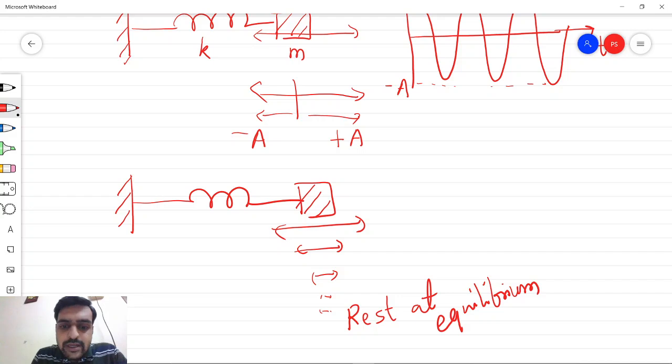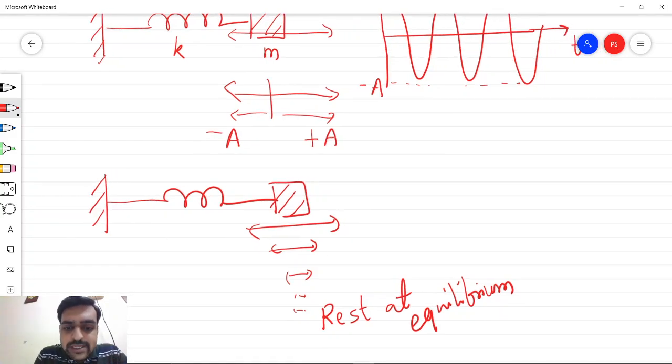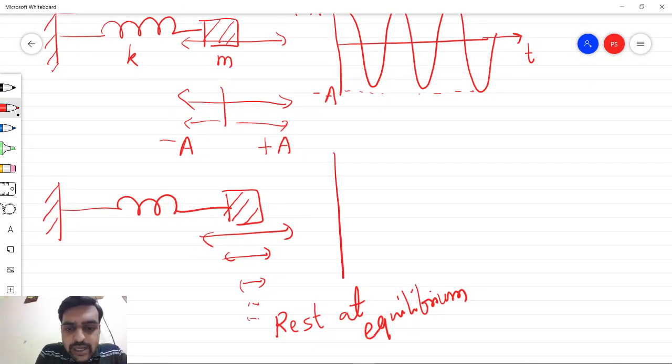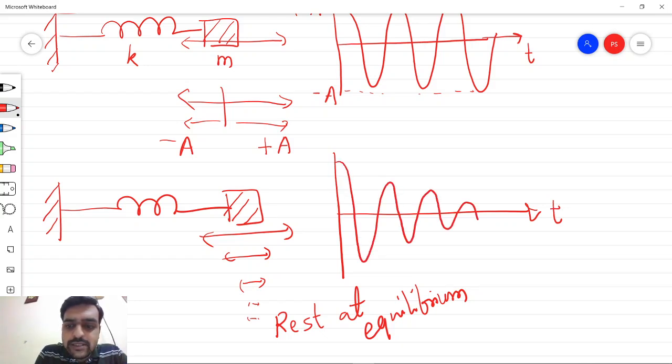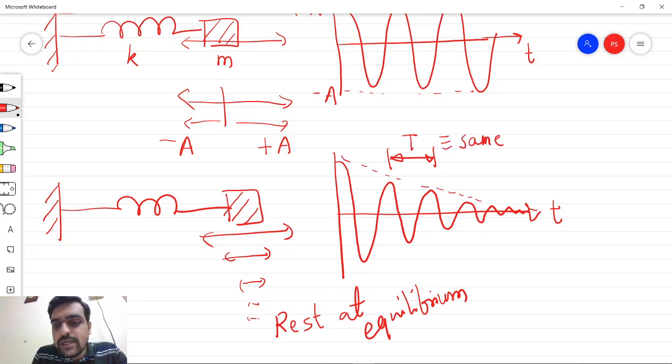If we represent this graphically, it appears like this. The system starts with some maximum amplitude, and as time passes, the amplitude of oscillation goes on decreasing. Now we must note that the time period of oscillation remains the same throughout, but the amplitude of oscillation goes on decreasing.